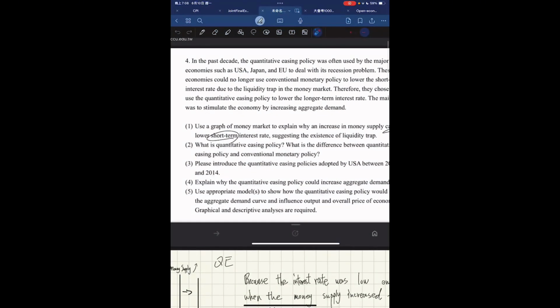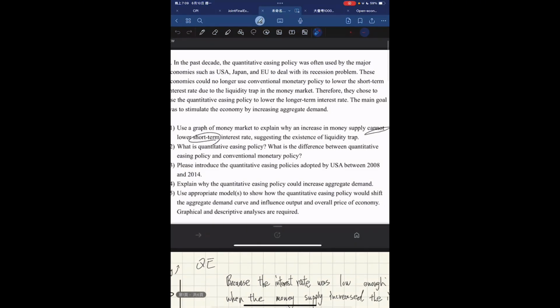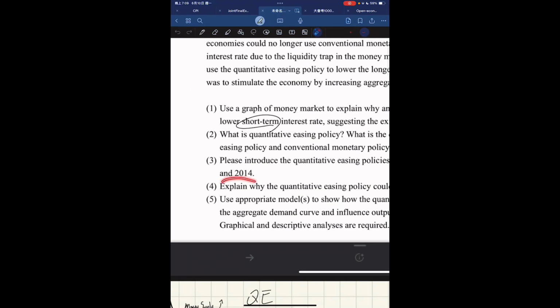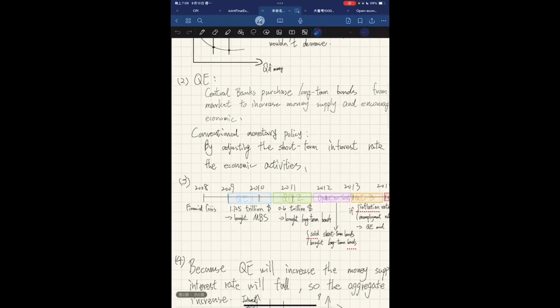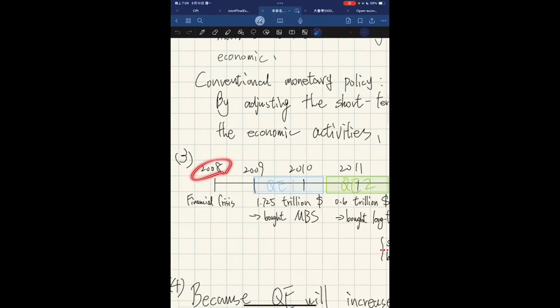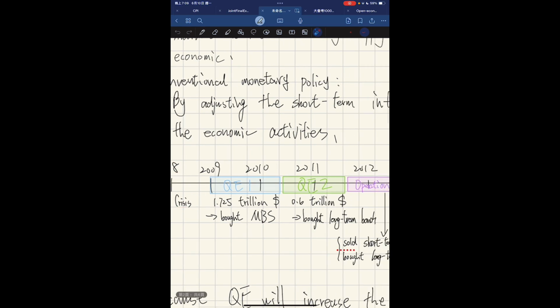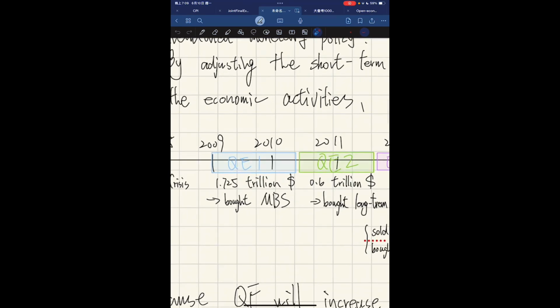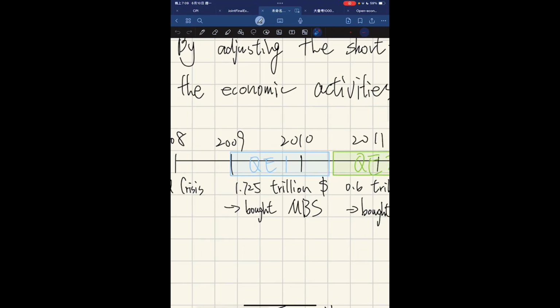And question 3 is to introduce the QE policy by the USA between 2008 and 2014. In 2008, the financial crisis, so the government started QE, and in 2009 started QE1 to 2010.